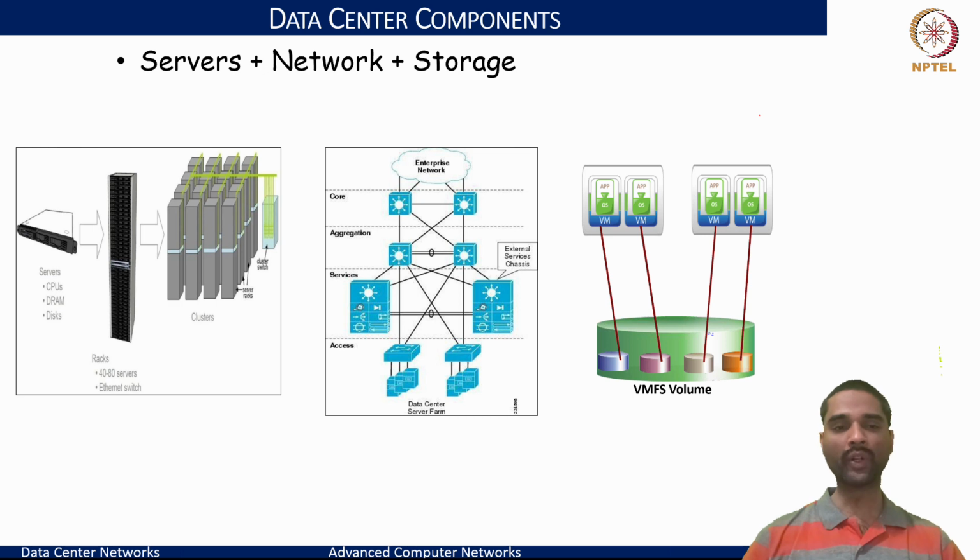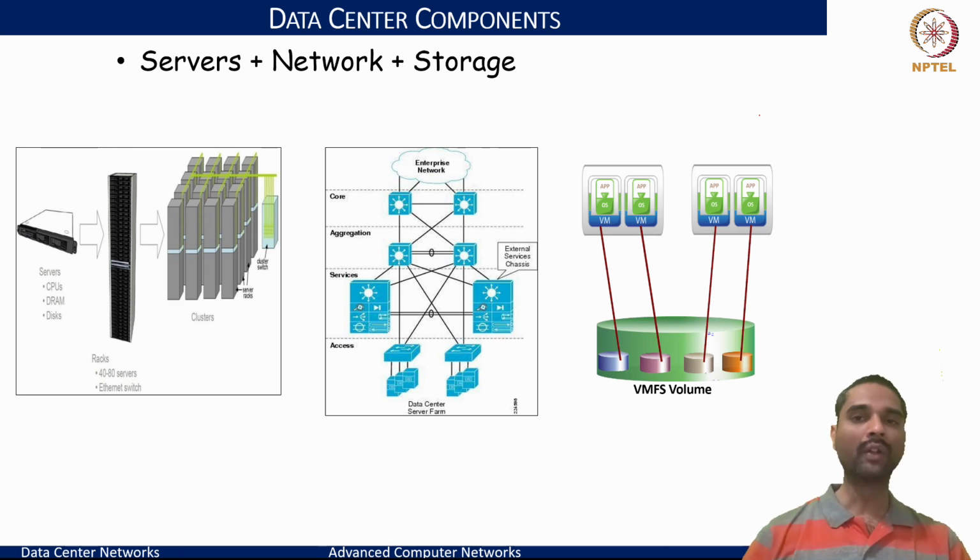So the key components in a data center are the storage, servers, and network. The servers encompass the number of cores or CPUs that you would want, also local storage in terms of disks, and the memory, the DRAM that you would run. All of this is put in the form of a rack, and these rack servers are connected using Ethernet switches.